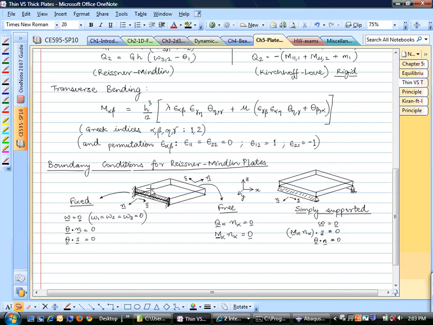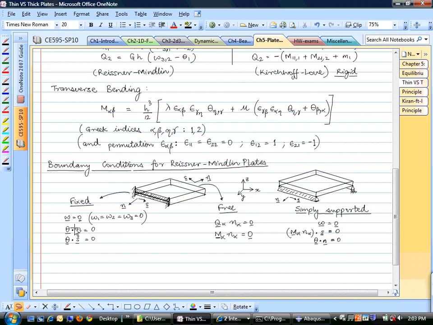The needle is still free to rotate. So in addition to fixing the plate on this edge, we need to say that this needle cannot rotate. So rotation perpendicular to the edge is 0. Rotation in the plane of the edge is 0. So those are the two conditions. Theta dot n, that's the rotation in the plane of the edge. Theta dot s, s is this vector along the edge, that's rotation like this.